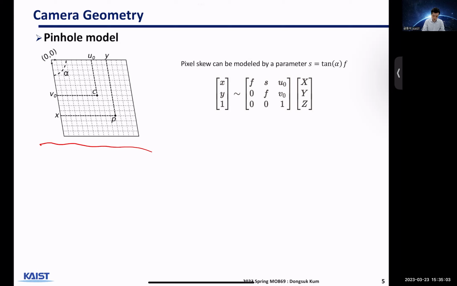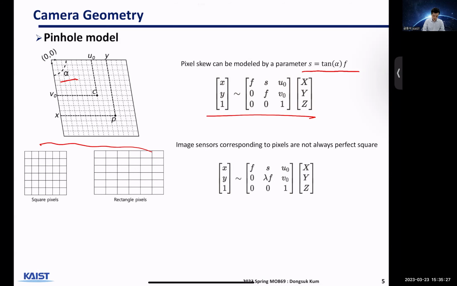The pixel skewness can be modeled by parameter s, which is tangent alpha times f. So that leads to this relationship.